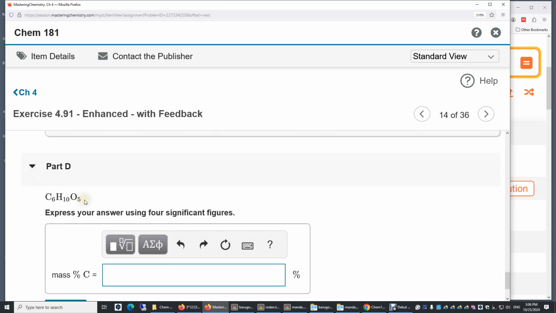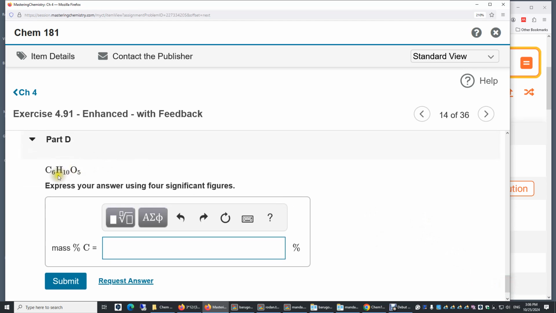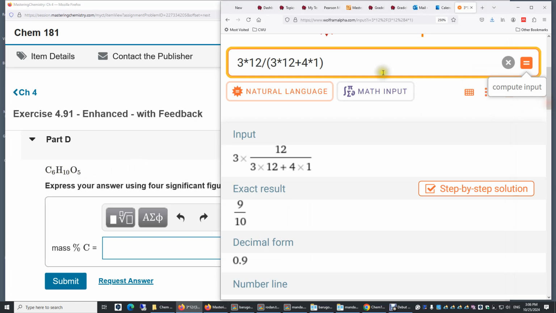This is more complex because we have 3 elements, but still we'll assume that we have 1 mole of such molecules. In 1 mole of such molecules, there are 6 moles of carbon, 10 moles of hydrogen, and 5 moles of oxygen.